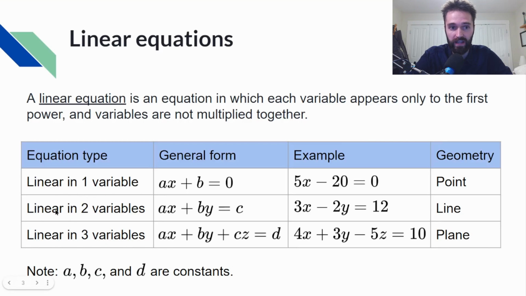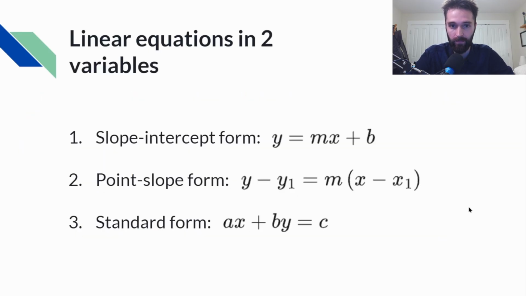So let's hone in on this type, linear equations in two variables. If it looks like this, we've got the equation of a line. There are three forms that we need to be familiar with. These are the three most important forms.